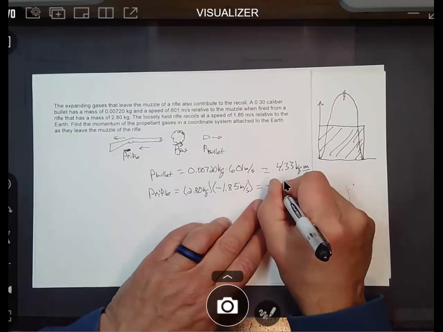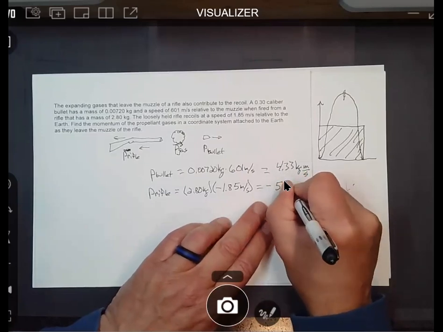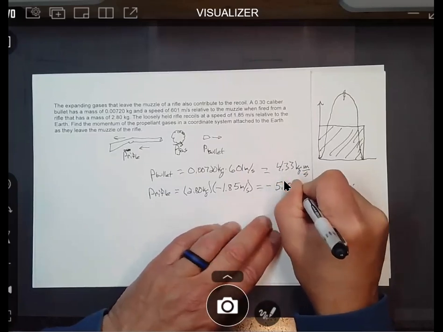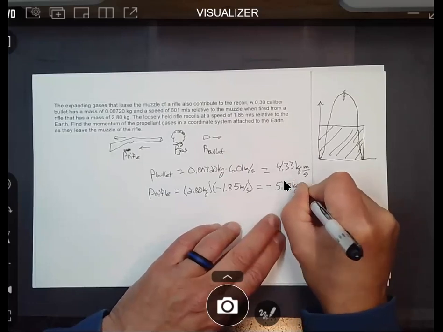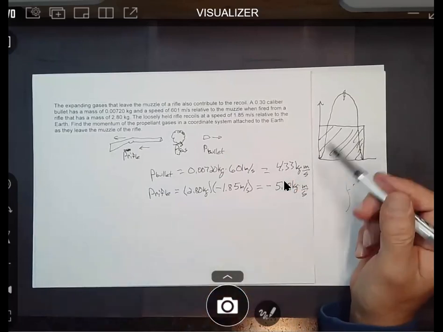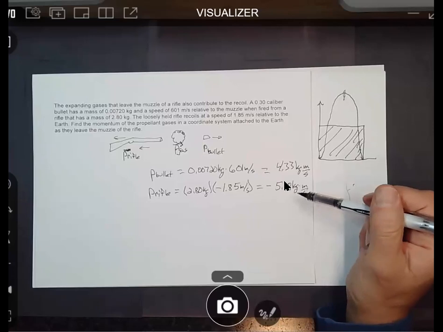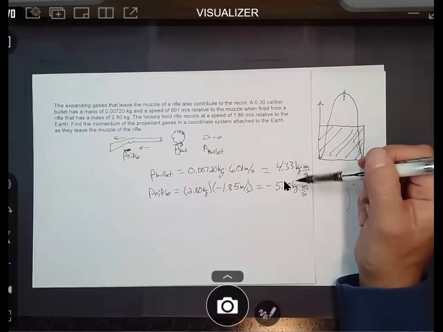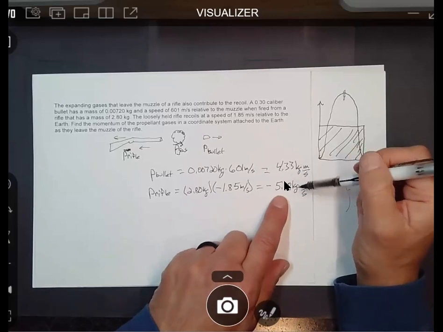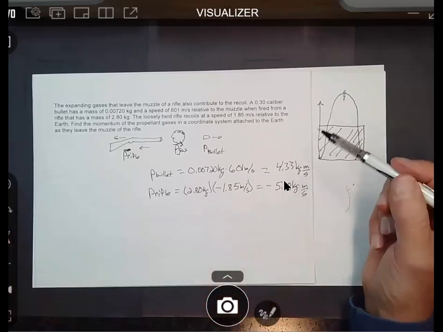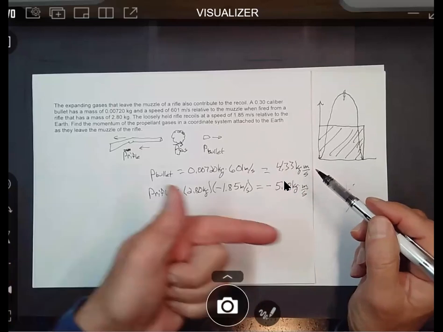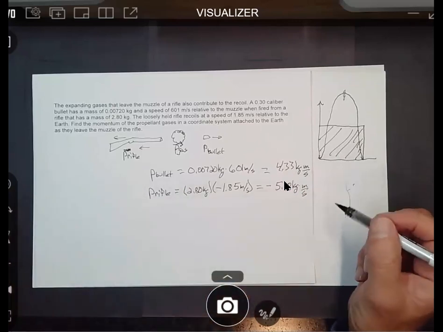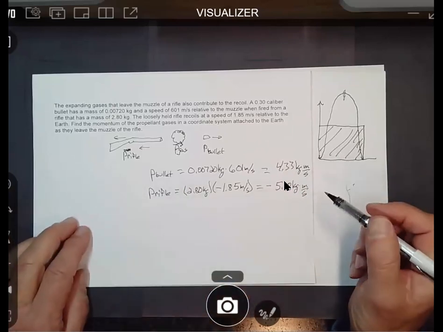And I get minus 5.18 kilogram meters per second. So we've got a situation here where momentum doesn't seem to be conserved, where the rifle going in that direction has more momentum than the bullet going in that direction, and something's missing.